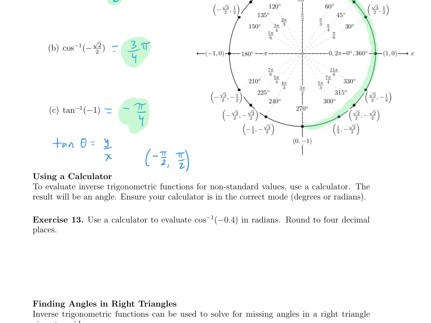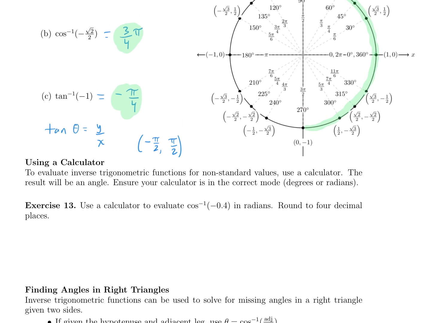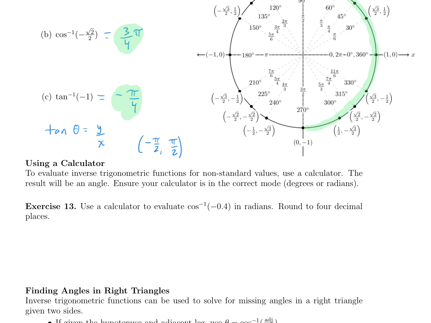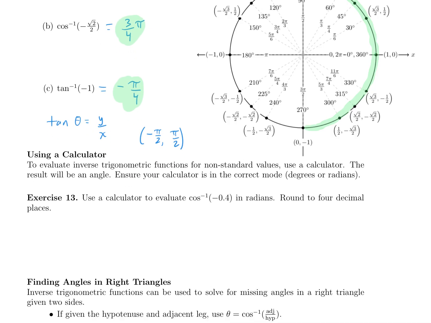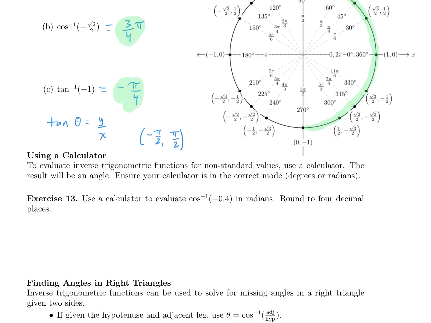In this case, they are asking us to use our calculators to evaluate cosine inverse of negative 0.4 in radians. So this is just a calculator problem. Make sure your calculator is in radian mode first, then hit the second cosine button to get to the inverse, and type in -0.4.